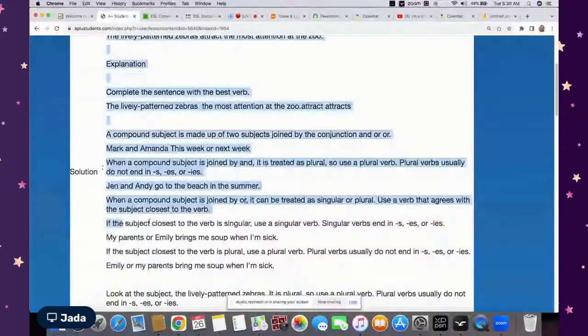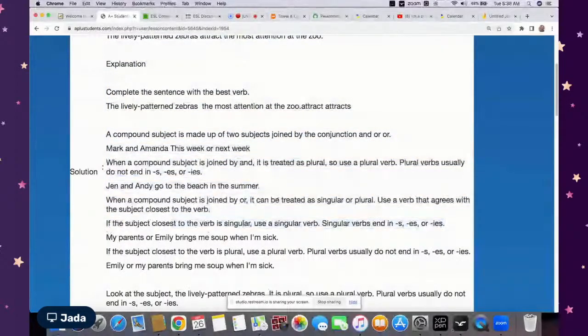If the subject closest to the verb is singular, use a singular verb. Singular verbs end in s, es, ies. Just like my parents or Emily brings me soup when I am sick. Emily is the last subject here, and Emily is just one. So since Emily is singular, it's going to be a singular verb next, which is brings.